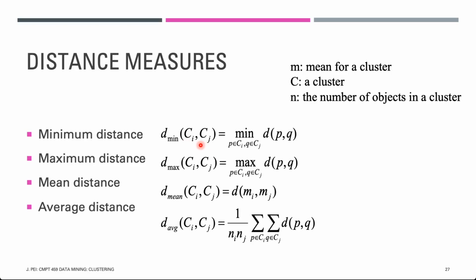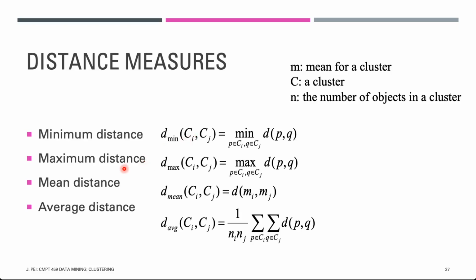We try every pair of objects, one from Ci and one from Cj. We use the shortest distance between those pairs as the distance between the two clusters. In this way, we use the closest pairs of objects in the two clusters to represent their similarity or distance.